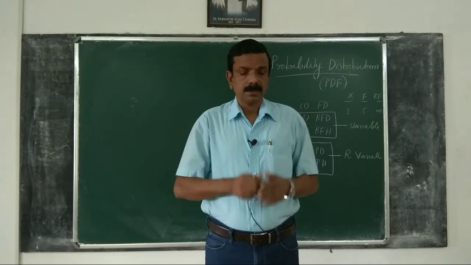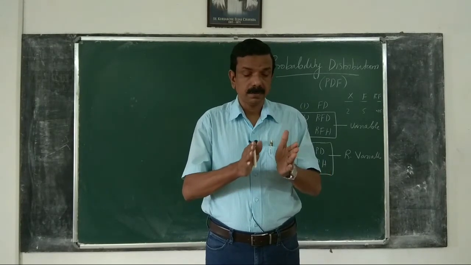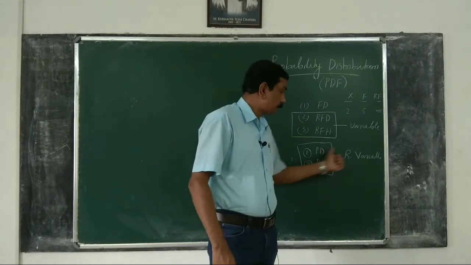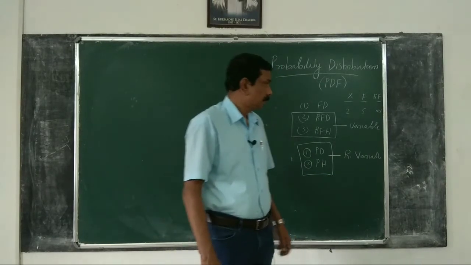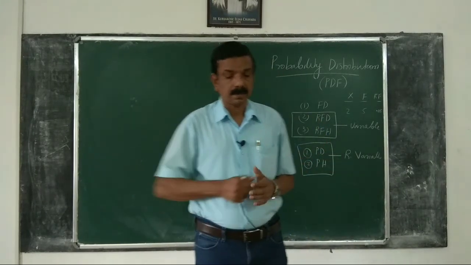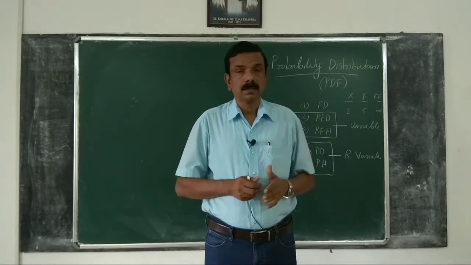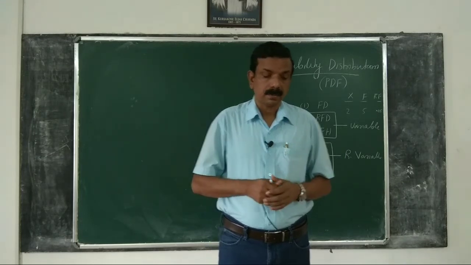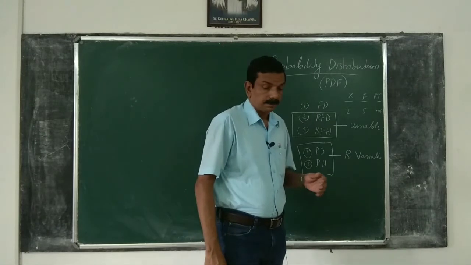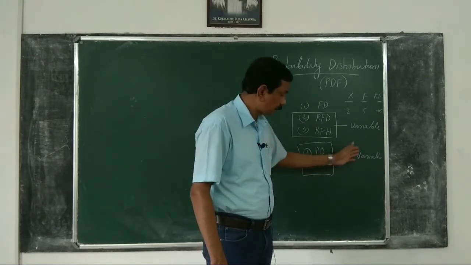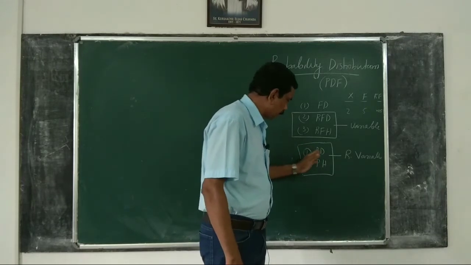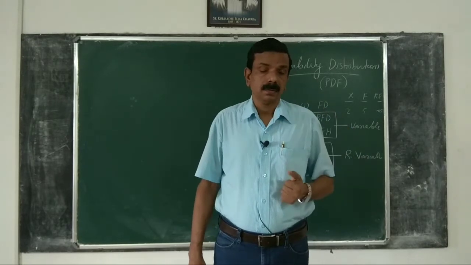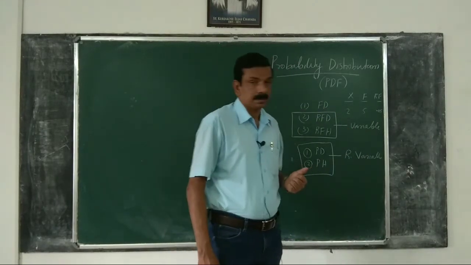Now, what is this probability distribution? A probability distribution is a listing of the possible values of the random variable and the corresponding probabilities of a discrete random variable, or a formula for the probabilities. Simply, a probability distribution is nothing but a listing of the possible values and the corresponding probabilities.